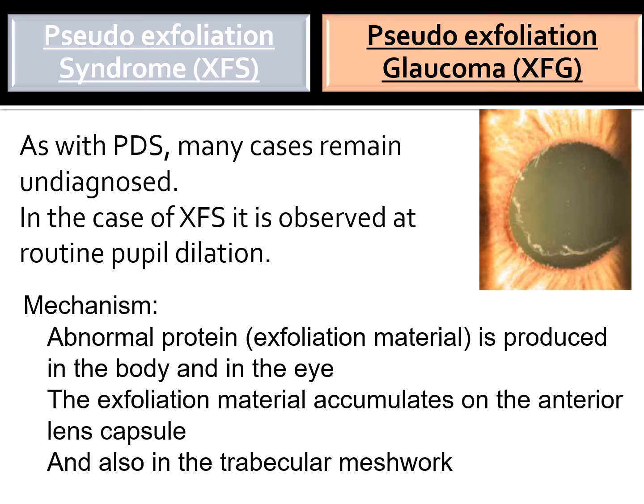And it's invariably routine pupil dilation, which again is another reason why we should all be dilating pupils, of course. You're not really going to see this necessarily. So basically abnormal protein is produced in the body and in the eye, and it accumulates on the anterior lens capsule and also in the trabecular meshwork.